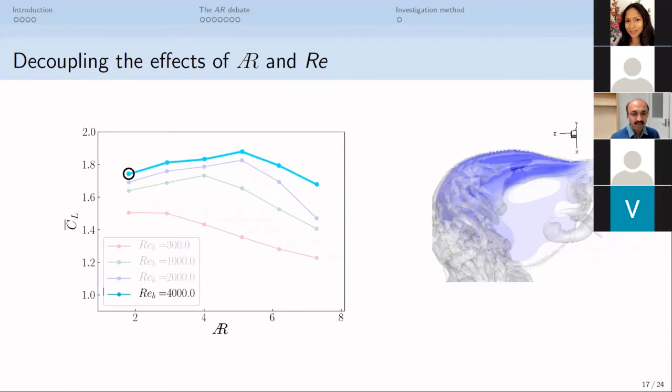Now, what happens with a larger Reynolds number, Re_b of 4000? Now here, although we have a strong vortex, it is very compact. So most of the suction pressure is concentrated beneath this vortex, very close to the leading edge. And you will see that the major part of the wing, which is not beneath the vortex, has negligible suction pressure.